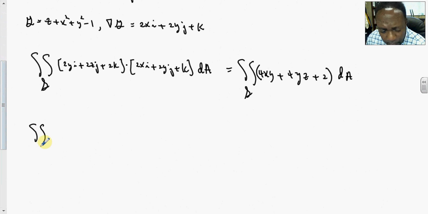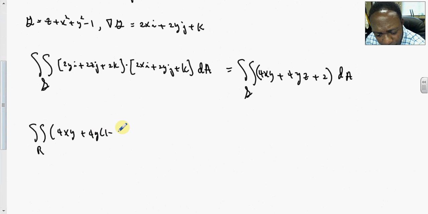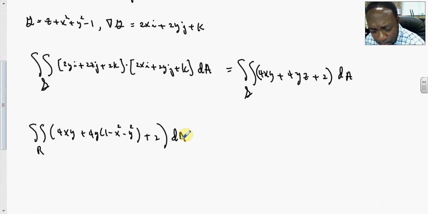And so we convert to the region by writing everything in terms of x and y. This is 4xy plus 4y times 1 minus x squared minus y squared, and then plus 2 here, dA.